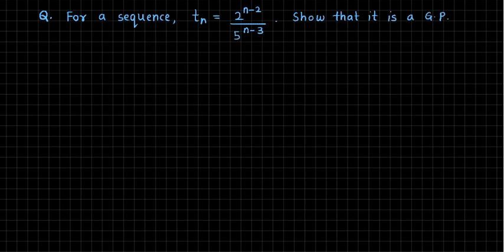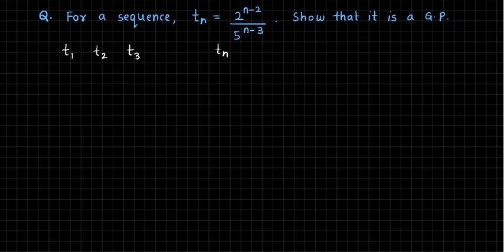Now let's go to the next question. For a sequence, Tn is given by 2 raised to n minus 2 upon 5 raised to n minus 3. Show that it is a GP. Now here, to show that a particular sequence, say T1, T2, T3 up to Tn, is a GP, it means that we have to show that for any pair of consecutive terms the ratio is constant, because that's the definition of GP.